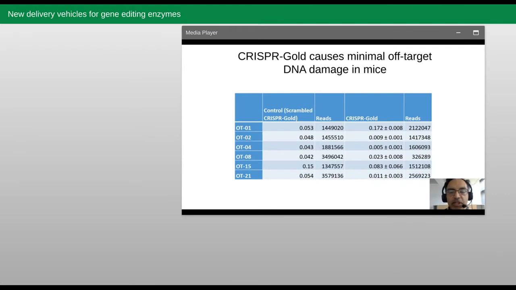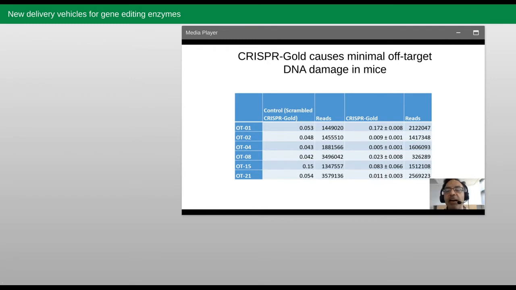One of the benefits of using CRISPR Gold is that it delivers the Cas9 protein itself, which should get degraded after the editing has been performed. And CRISPR Gold should therefore have low levels of off-target DNA damage. To determine this, we did deep sequencing on 6 genomic sites that had high homology to our guide RNA. We called them OT01 to OT21, and the results are shown here.